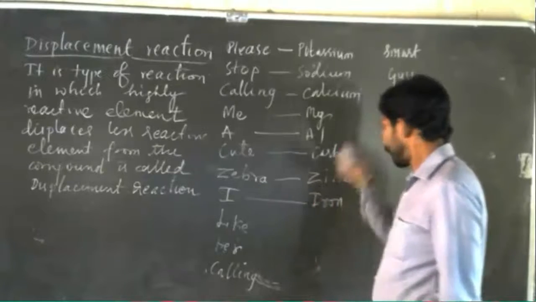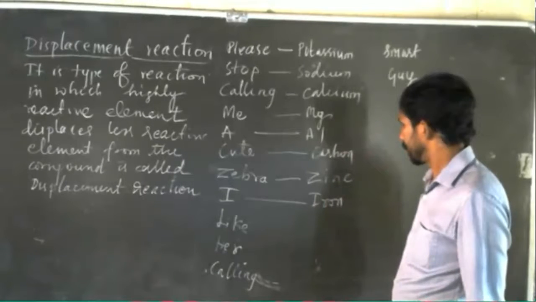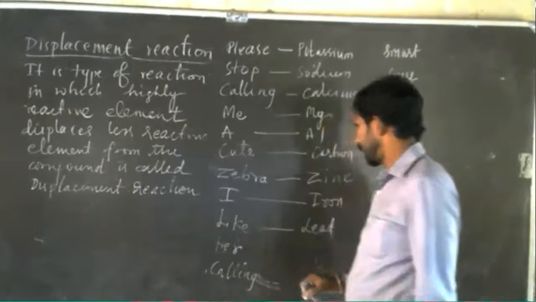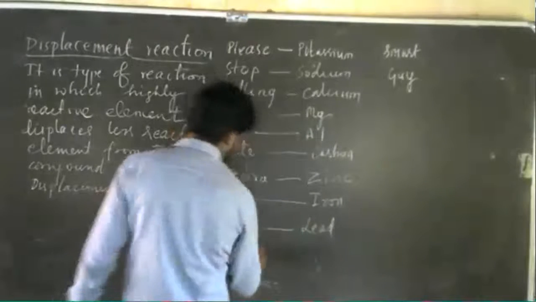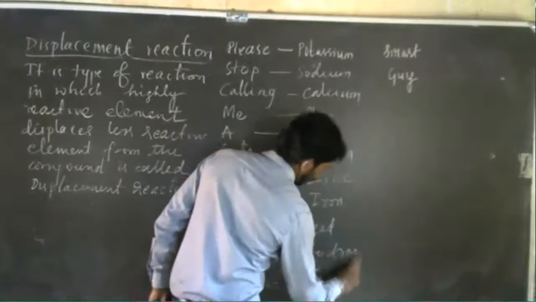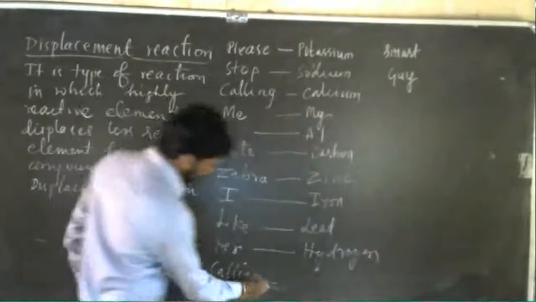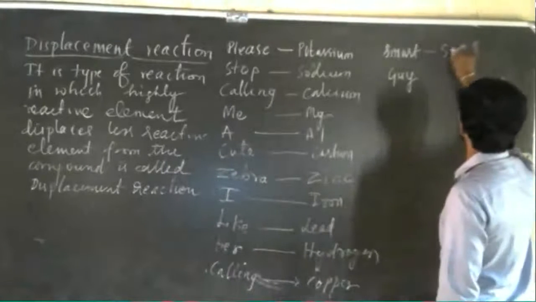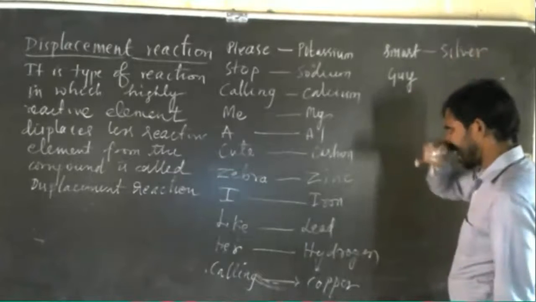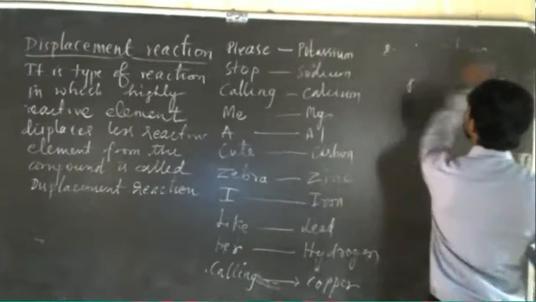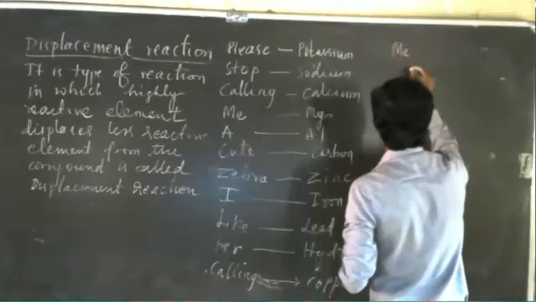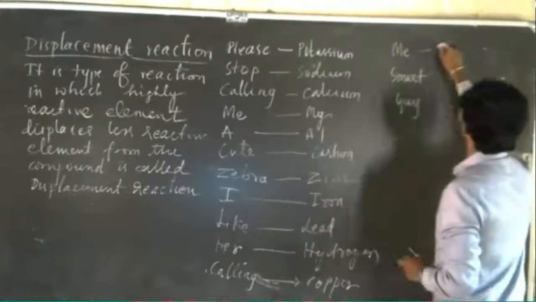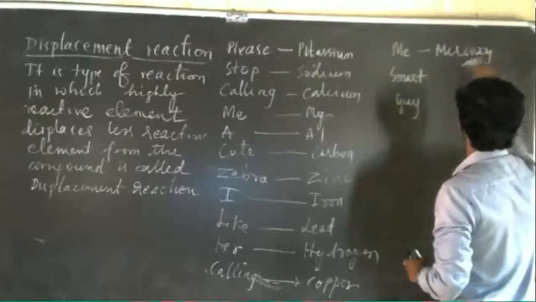A refers to aluminium. Cute refers to carbon. Zebra refers to zinc. I refers to iron. Like refers to lead. Her refers to hydrogen. Calling refers to copper. Me refers to mercury. Smart refers to silver. Finally, guy refers to gold.